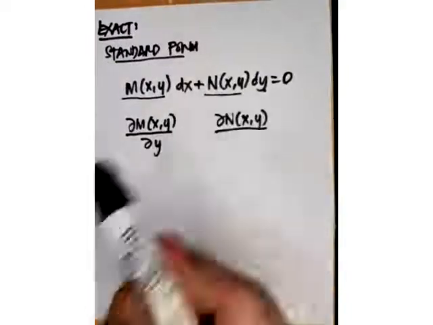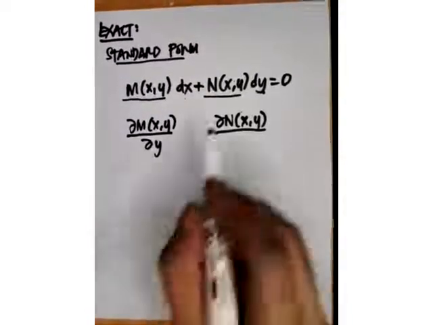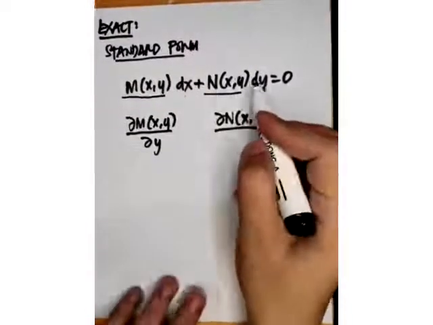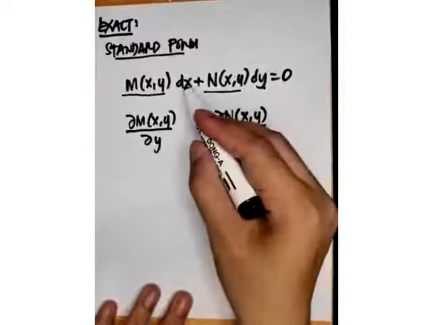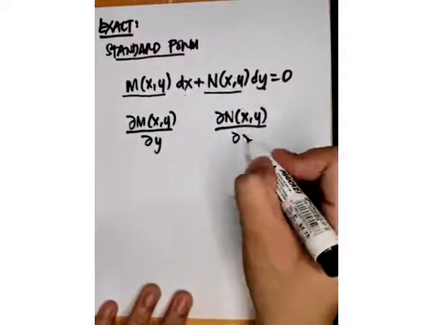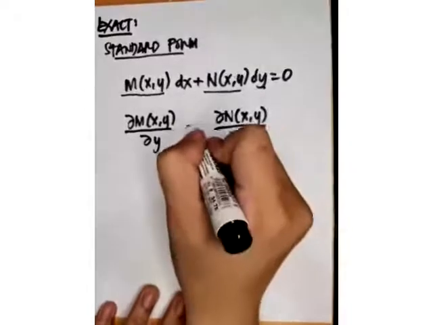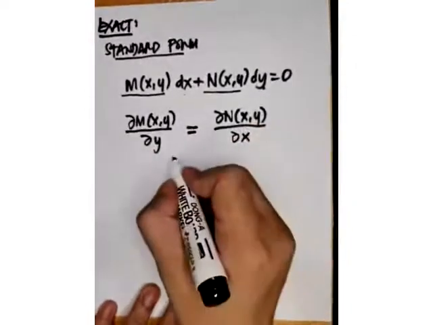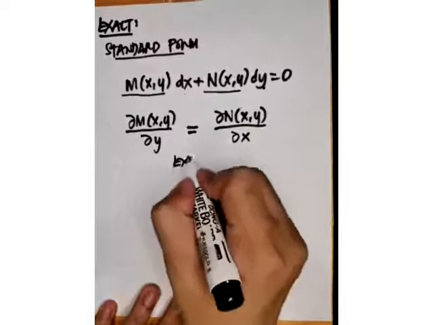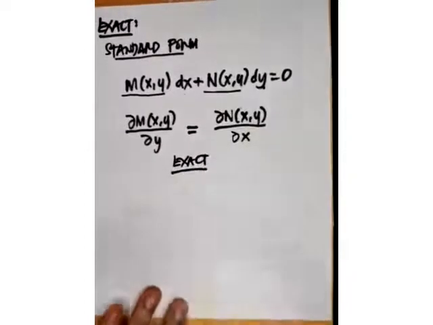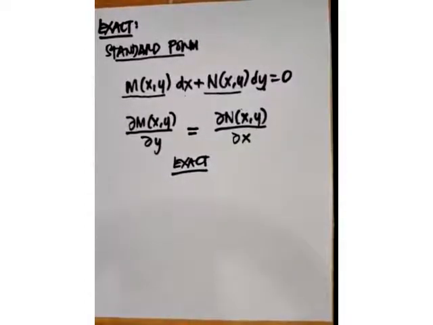On the other hand, since N goes with dy, we take its partial derivative with respect to x. So let's get the derivative of N with respect to x. If the answers are equal, then the differential equation is said to be exact.